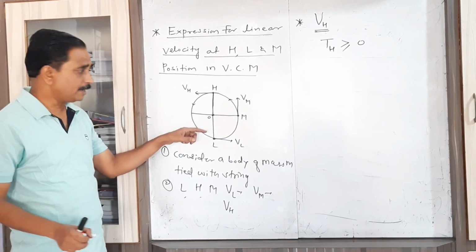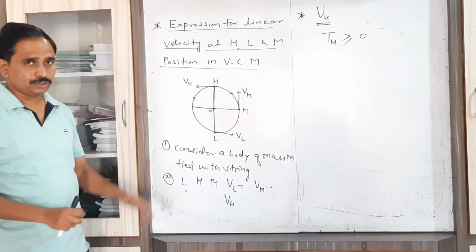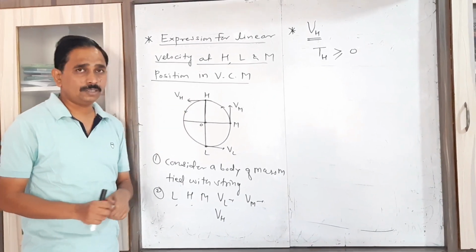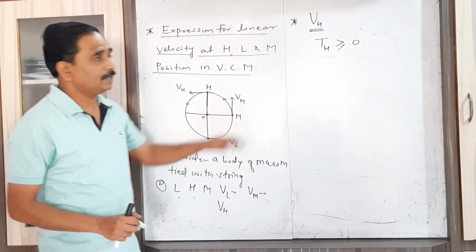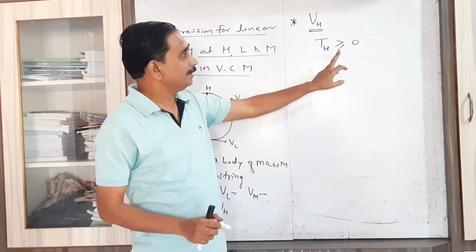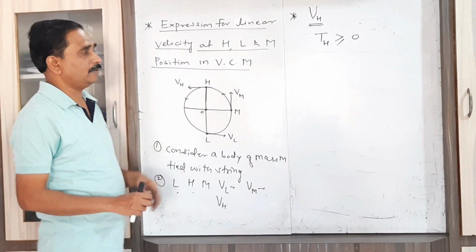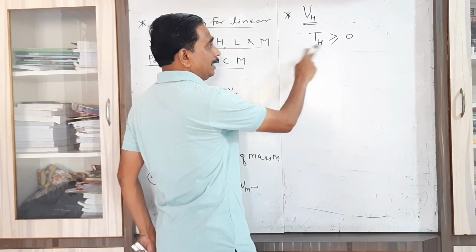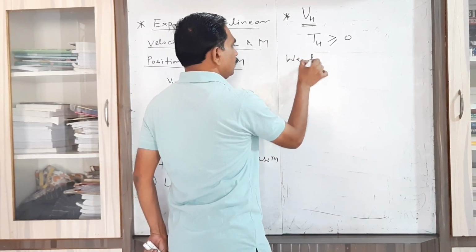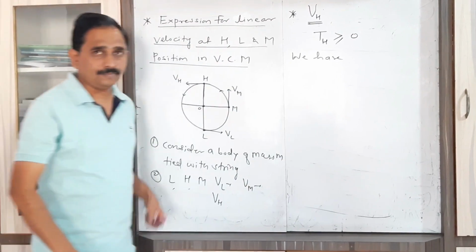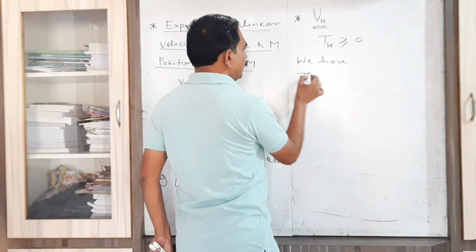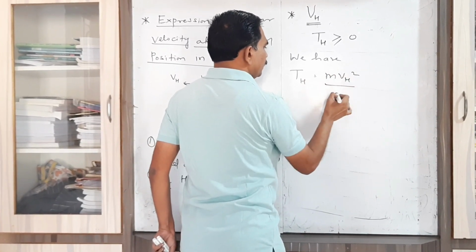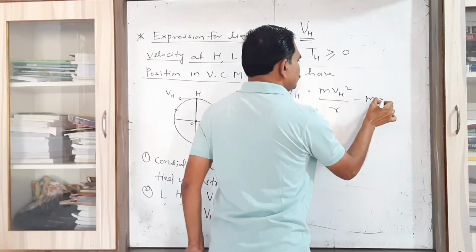In order to complete the vertical circular motion of that object without losing the string, the tension at the highest position must be greater than or equal to 0. Now consider the tension at the highest position which we already obtained in the previous expression, that is tension at highest position equal to m Vh square by r minus mg.